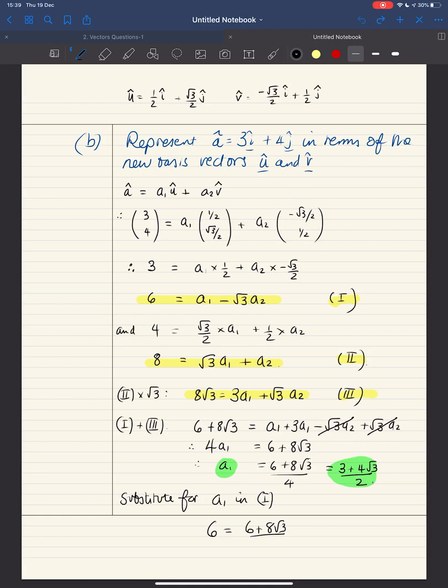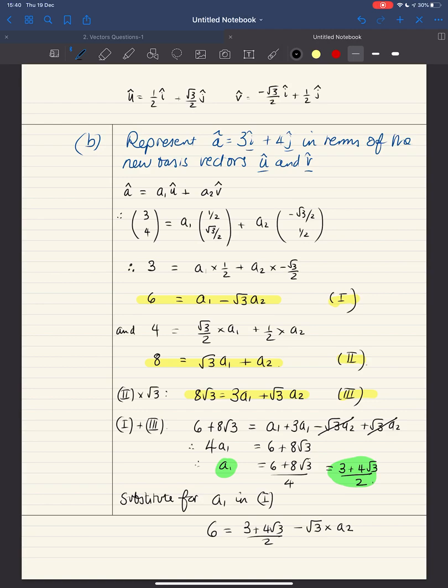Sorry, I should have used the simplified version there. 6 is 3 plus 4 root 3 over 2. So in equation 1, we've got A1 there. So 6 equals A1, and A1 equals this, so I've put that there. And then it's minus root 3 times A2. We can rearrange this to get A2.